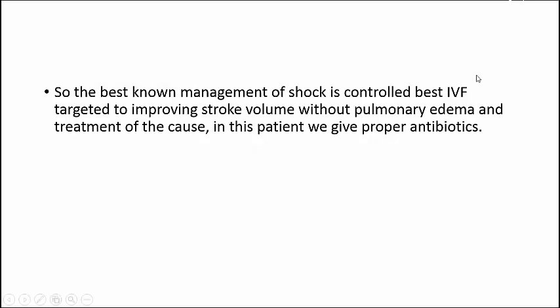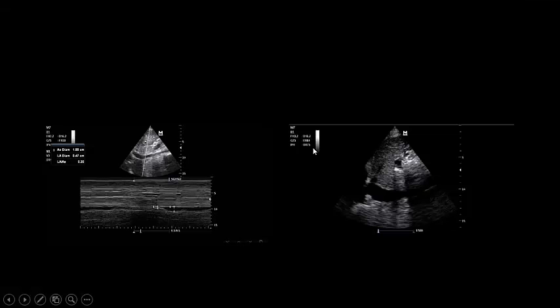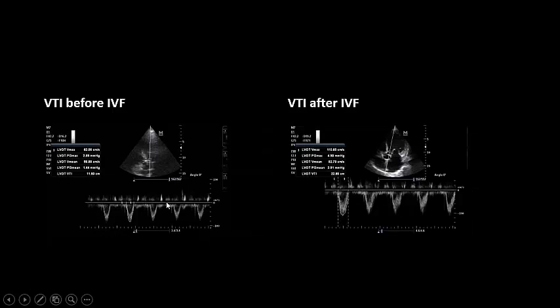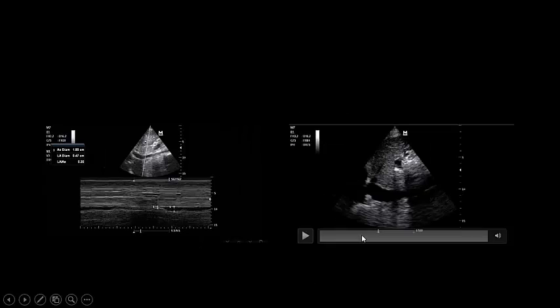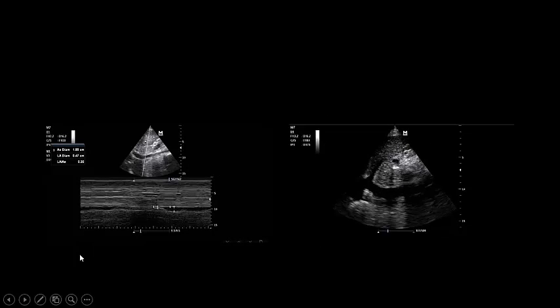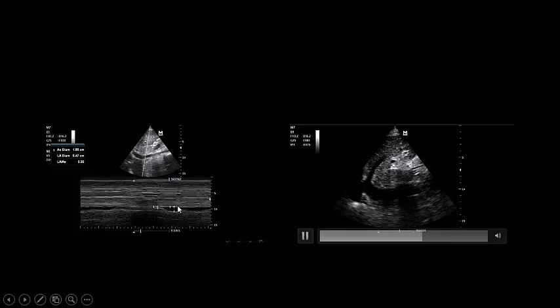So, the best known management of shock is controlled, guided IV fluids. I will show you the difference between before and after IV fluids and treatment of the cause. You see here is the inferior vena cava before and here is after.